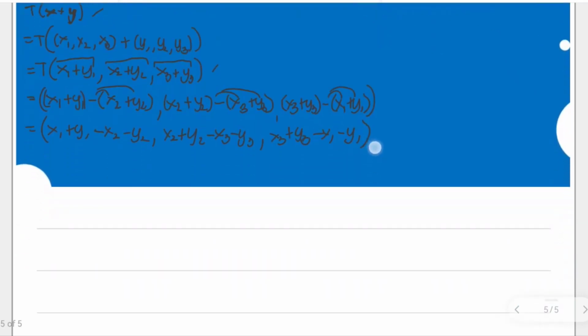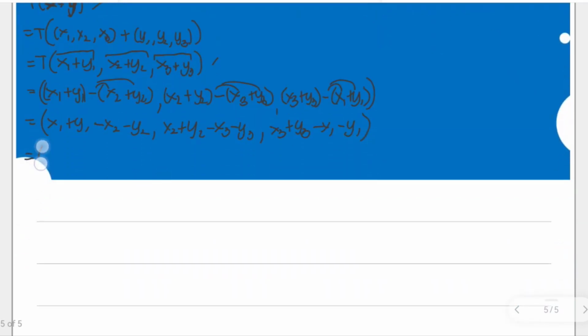In this case, let's combine the x components and the y components. You have x sub 1 minus x sub 2, plus y sub 1 minus y sub 2. Second, x sub 2 minus x sub 3 plus y sub 2 minus y sub 3. Then x sub 3 minus x sub 1 plus y sub 3 minus y sub 1.